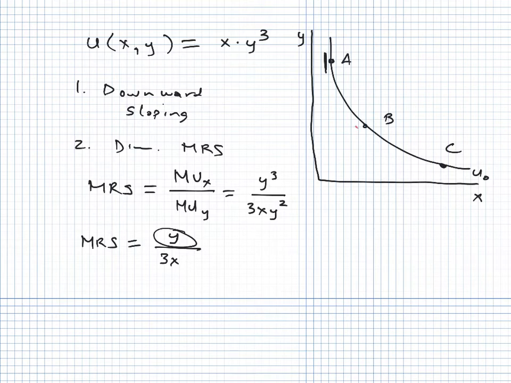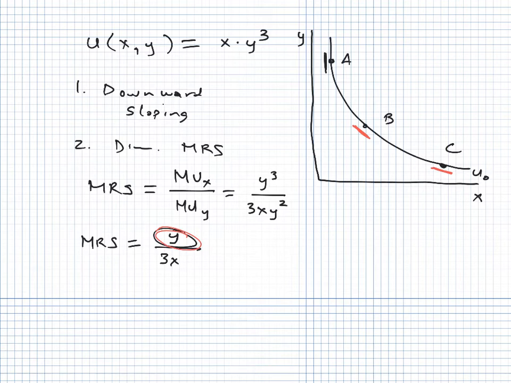If we go down to bundle B, well, now we've got moderate amounts of y and x, and so we're going to see the MRS fraction start to shrink. And by the time we get down to bundle C, well, now we don't have very much y at all, so our numerator here is going to be quite small. We've got a lot of x, so we'll have 3 times a fairly substantial quantity of x.